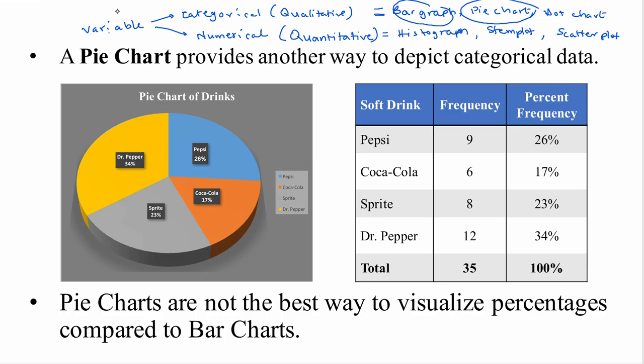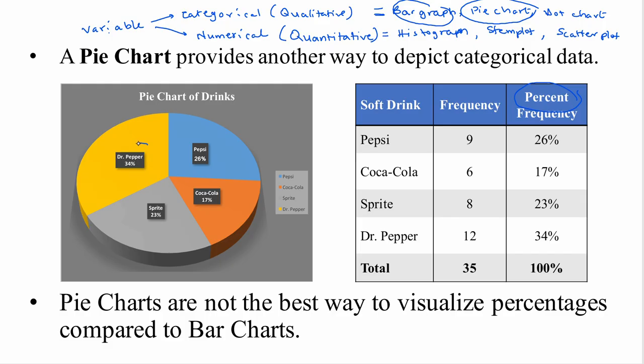Now, in our example here, where we looked at the different soft drinks and their frequency count, as well as their percentage count, for a pie chart, I would definitely look at the percentage distribution as you've seen it depicted here. So for each category of favorite soft drink, we have their percentage distribution. The pie chart basically helps us easily compare in terms of the visual size.